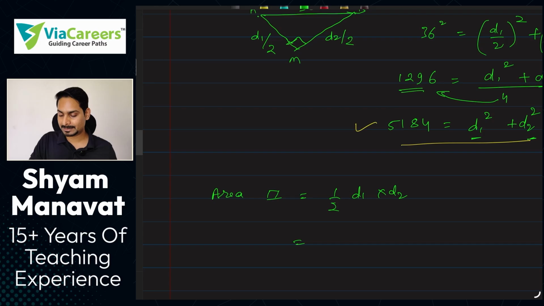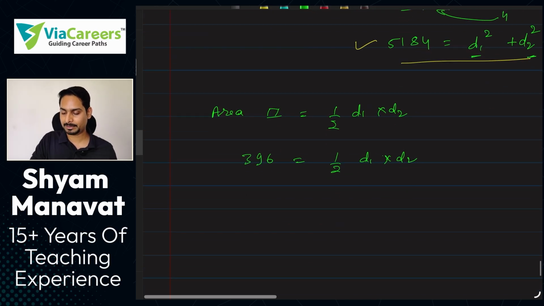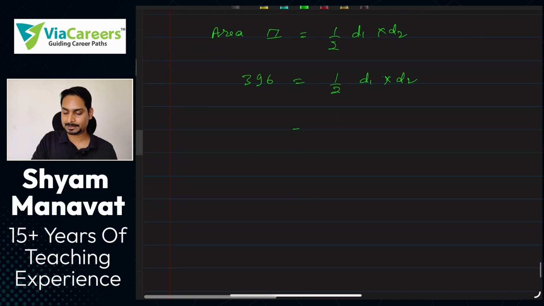So as per the question, this is 396 and half of D1 into D2, right? So what will be D1 into D2? If you cross multiply by 2 here, you get D1 into D2 as 396 times 2, which is 792.